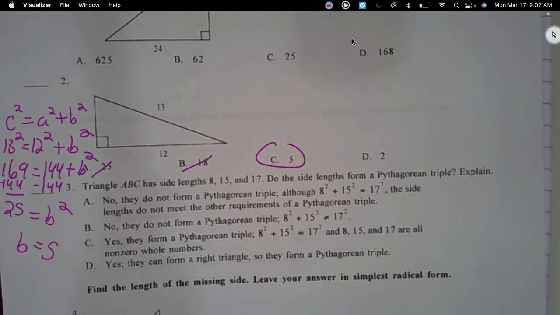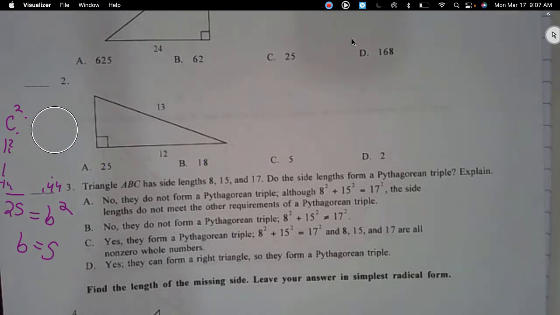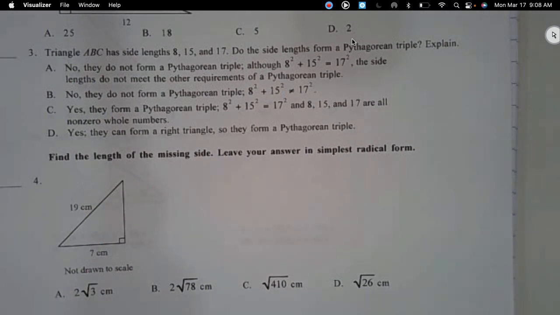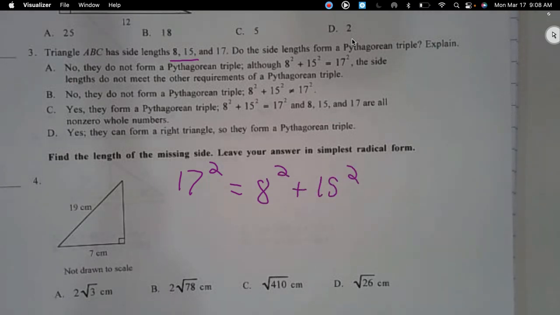It's the same thing. All right? It just wants to know, do these sides form a Pythagorean triple? So I'm going to do the Pythagorean theorem yet again. What's my C on this one? What's my longest side on number 3? 17. So I'm going to put 17 squared by itself. Then the two smaller sides are 8 and 15. And let's see if they equal.